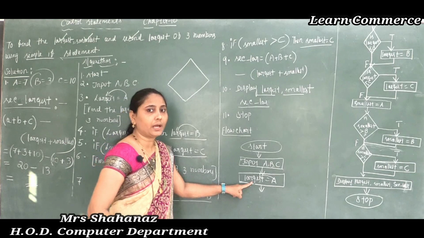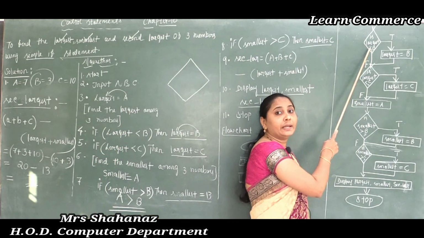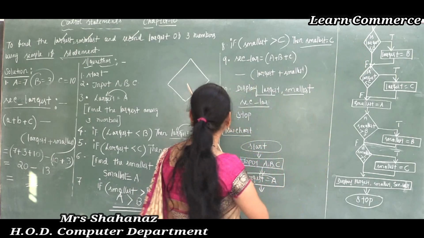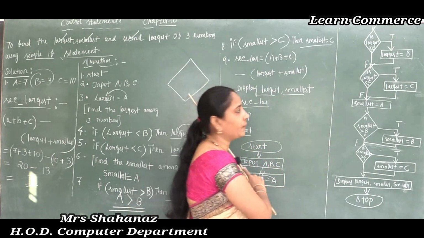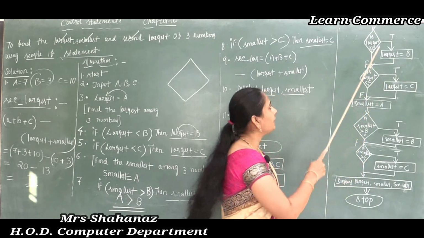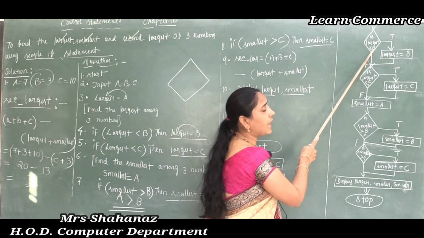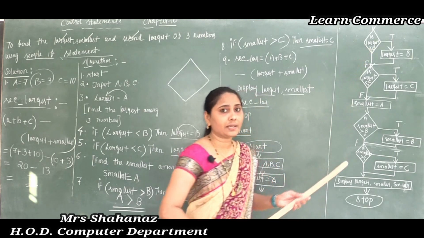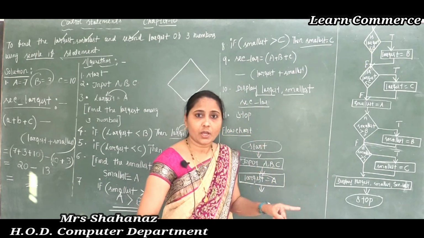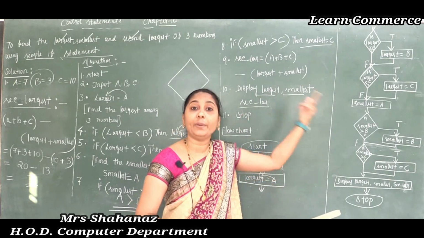After the assumption, I compare the next number by using the decision symbol. So this type of symbol, decision symbol here. Now in our decision, what I am going to write here is: is the largest value less than B? Okay? Clear this point? The largest value is less than B value here.